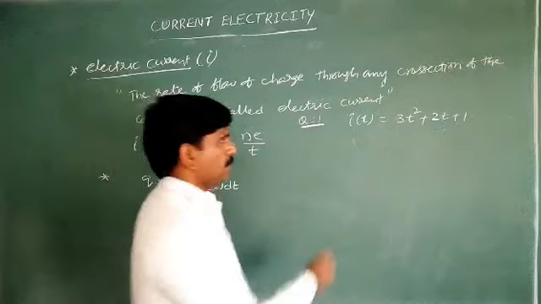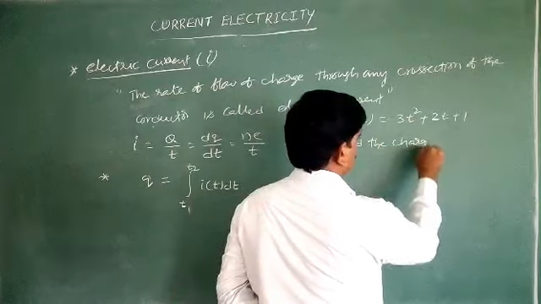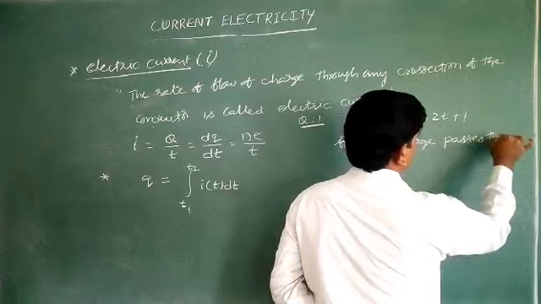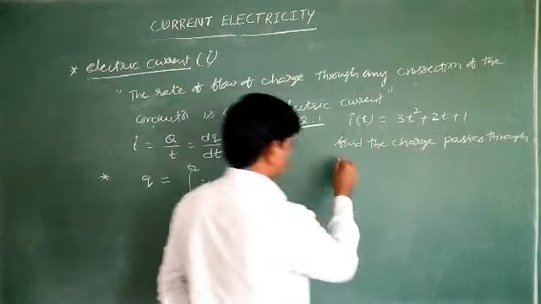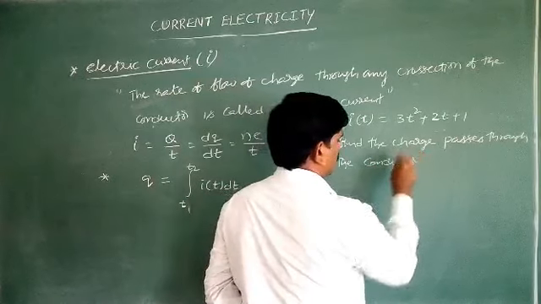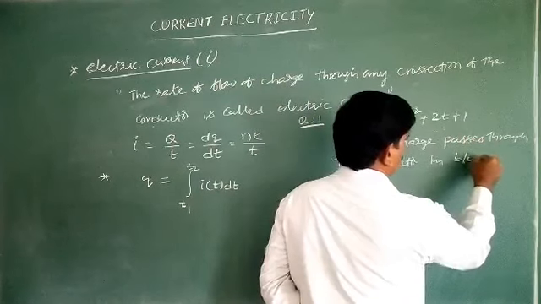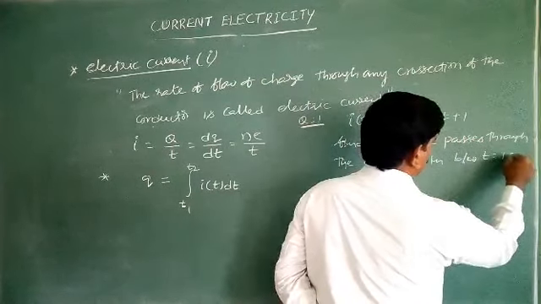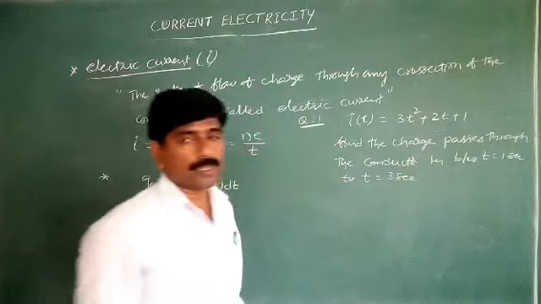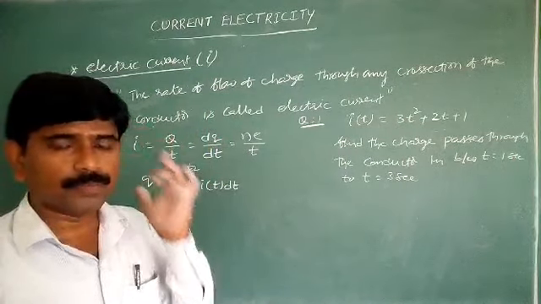Find the charge passing through the conductor in between t is equal to 1 second to t is equal to 3 seconds. How much of the charge is passing through the given conductor?